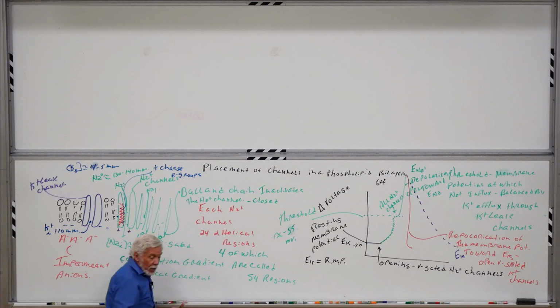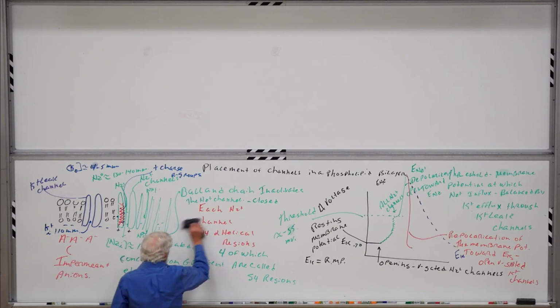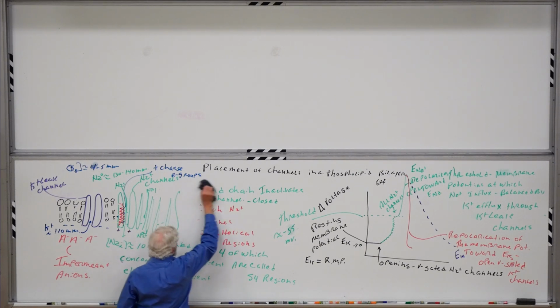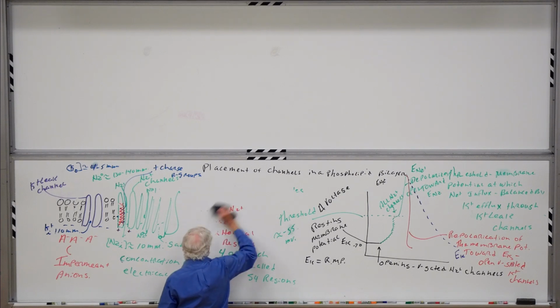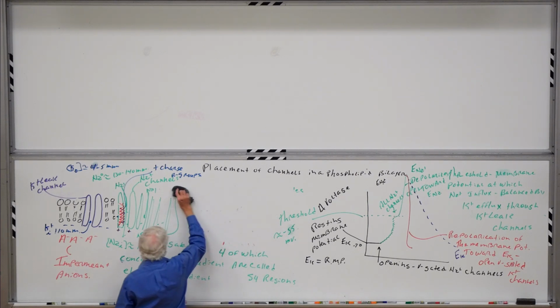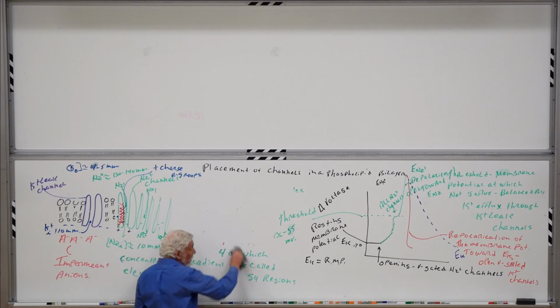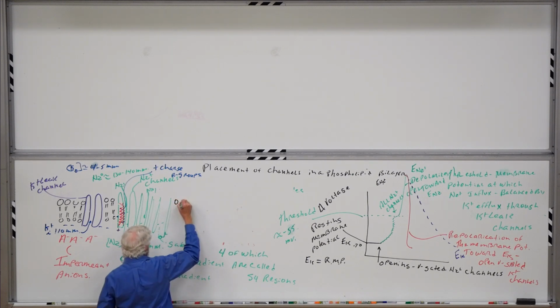So let me make some room here and continue the structure of this plasma membrane out a little bit. So again, some phospholipid bilayer.